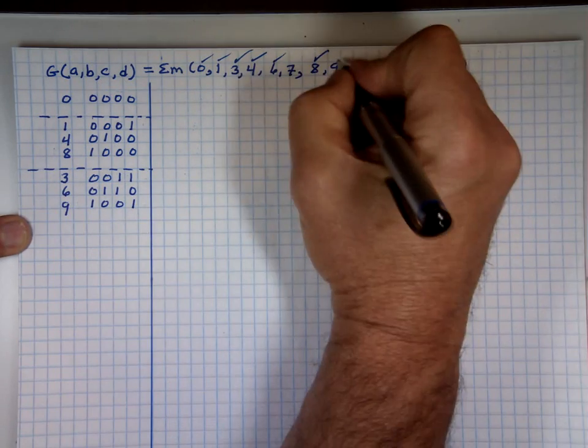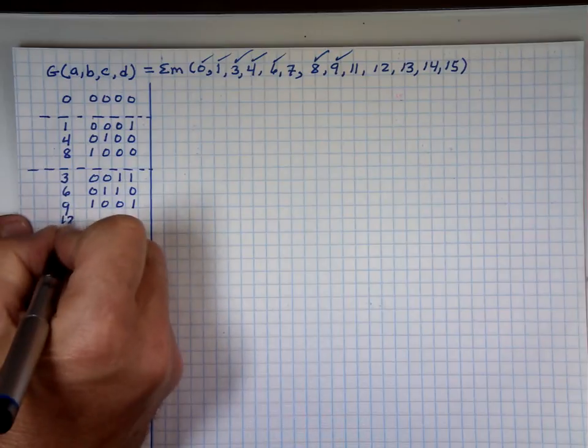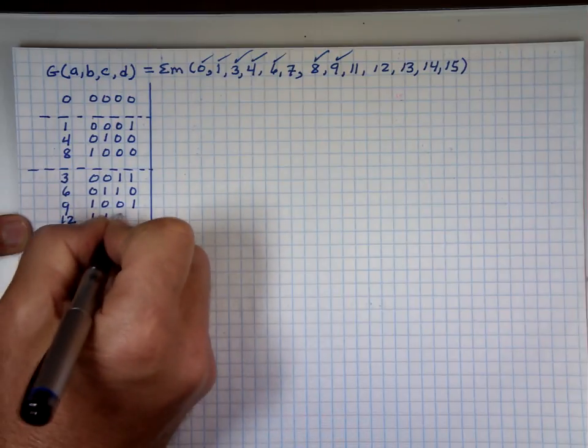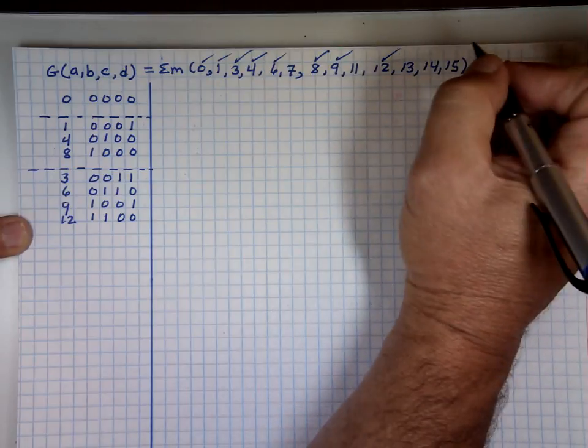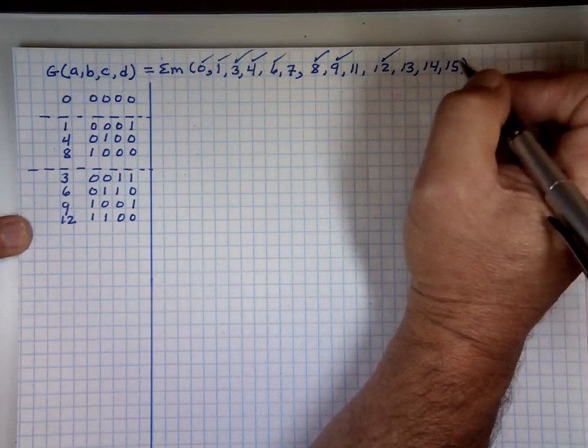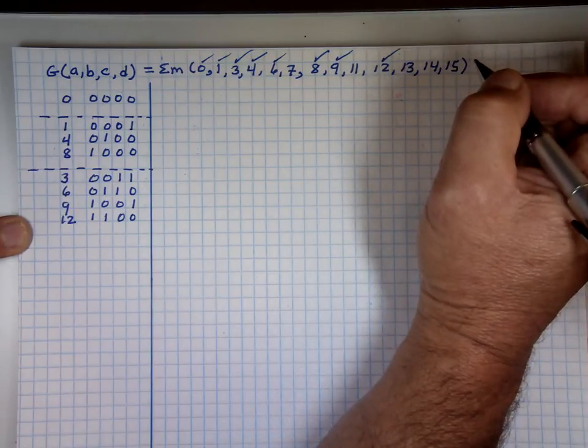Not the 11. The 12. 8 and 4. I think that's it, right? So all of these have 2 ones in them.